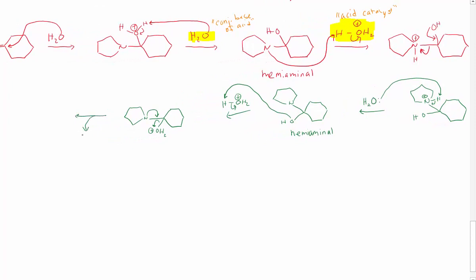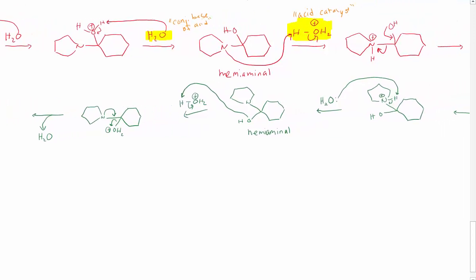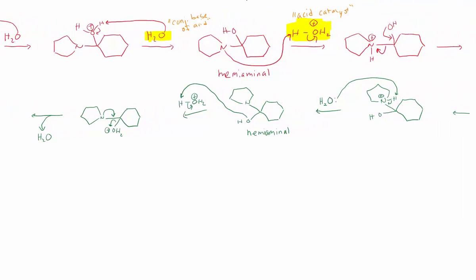So here's water leaving. And that gives me the iminium ion that I started with. Again, let's highlight the catalysis here that's happening. We're using a water molecule and a strong acid as the conjugate acid of that.